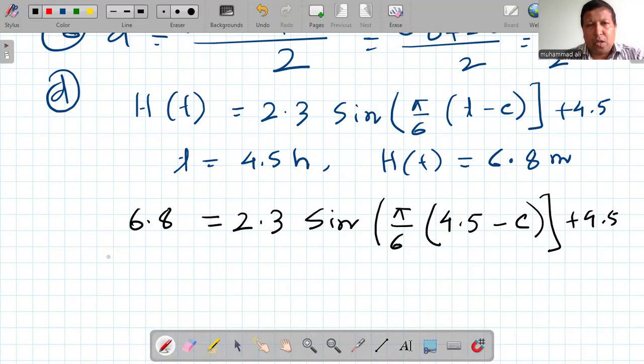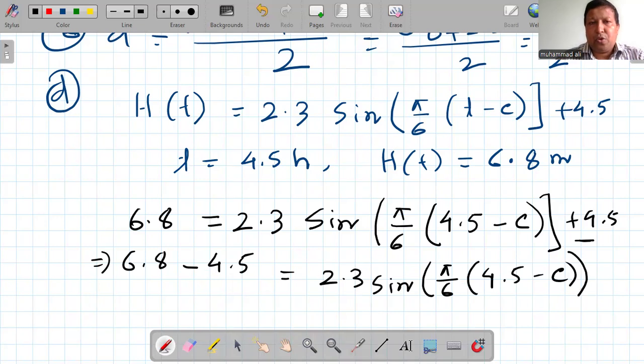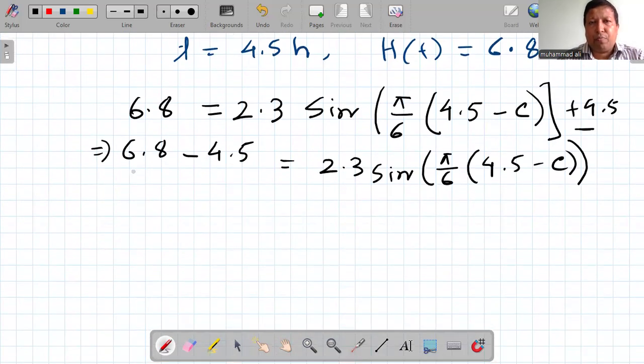Now, when this 4.5 comes to the left side, it is minus 4.5: 6.8 minus 4.5 equals 2.3 sin(pi by 6 (4.5 − c)). So 6.8 minus 4.5 is 2.3.